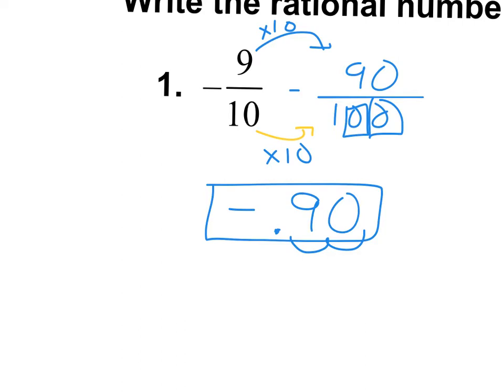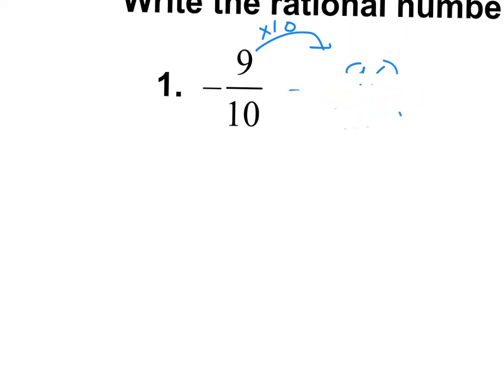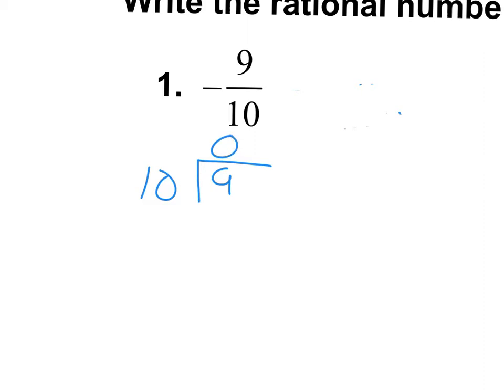Another way, this doesn't always work out the best just because sometimes you might have a 33. 33 does not go to 100 very easily. So if you have a problem like that, what will always work no matter what is you take the numerator and divide it by the denominator. The numerator is 9, so I put 9 in the box and divide it by 10. 10 goes into 9 0 times.